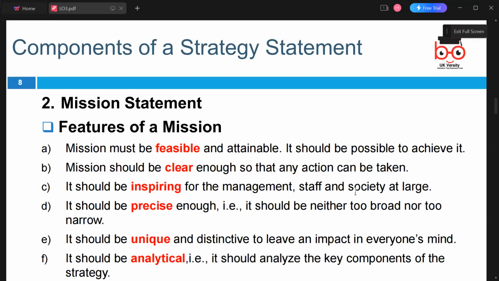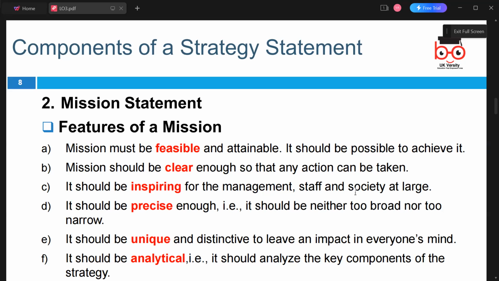So there are some features when it comes to the mission statement. Our mission must be feasible and attainable. By feasible, we mean how doable, how possible our goals are to achieve within certain timeframes.